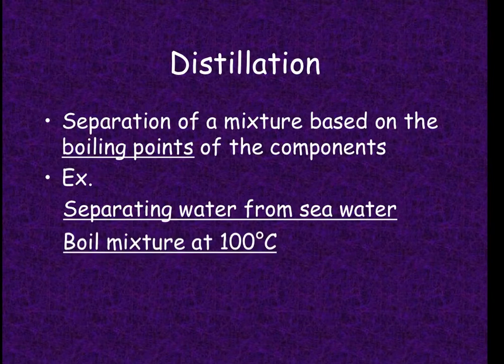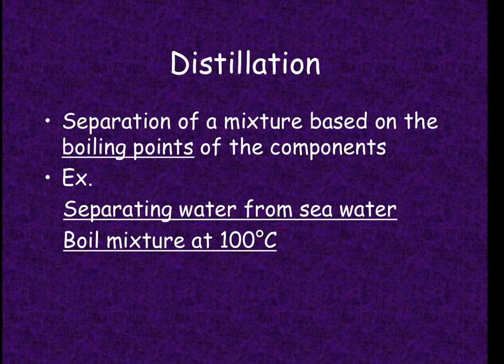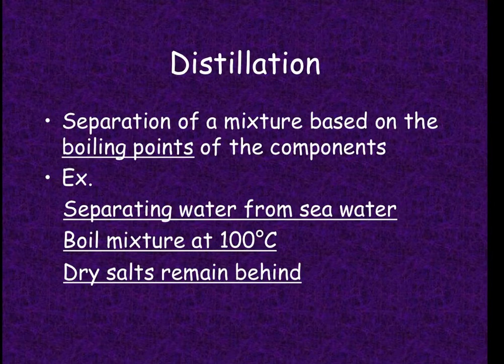What I do is bring that mixture to 100 degrees Celsius and boil it. What's going to happen is the water will turn into steam. I can collect that steam and that will be pure water. And the stuff that makes the seawater salty will remain behind. They don't boil away. The only thing that boils away is the water itself.